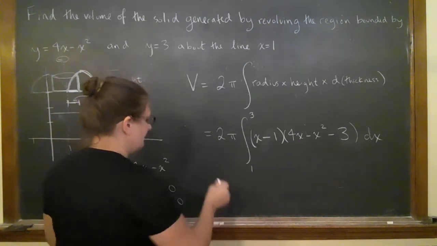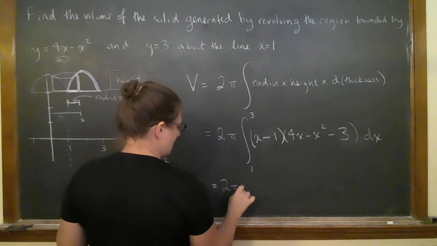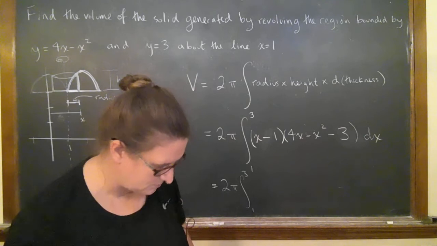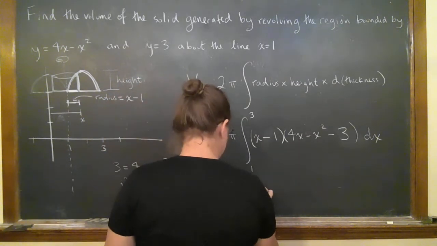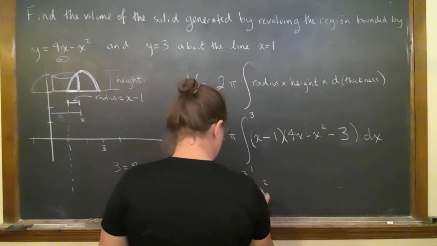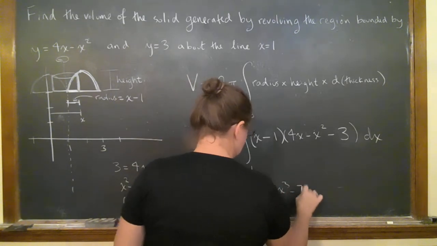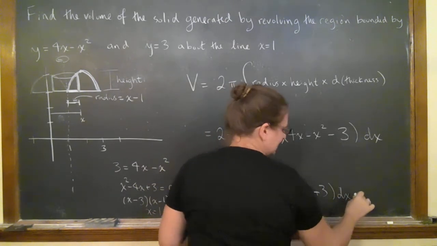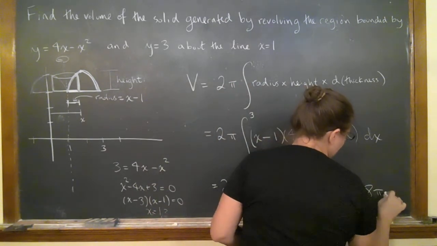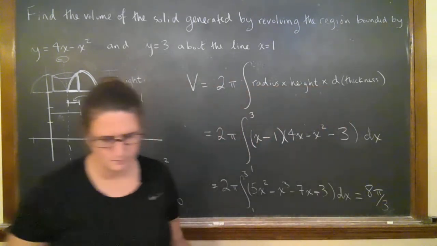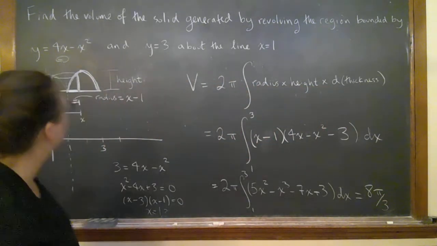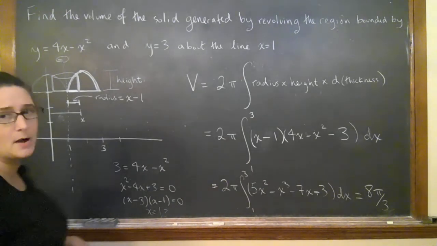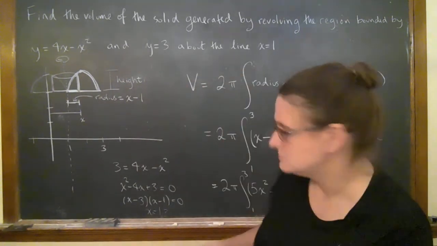I'm not going to go through everything here, but at least I'll write down what I did. This turns out to be this, and if you integrate this, the answer is 8 pi over 3. All right, that's probably good enough.